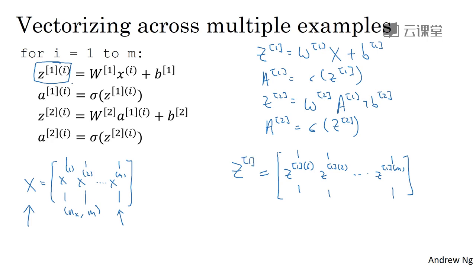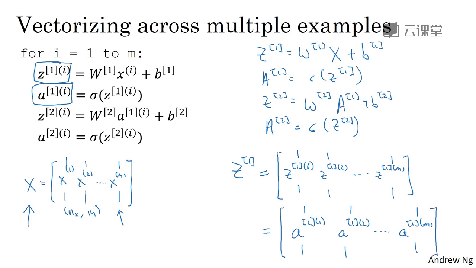And similarly, if you look at, say, this quantity, you can take A1(1), A1(2), and so on, up to A1(M), and stack them up in columns, then just as we went from lowercase x to capital case X and lowercase z to capital case Z, this goes from the lowercase a, which are vectors, to this capital A1.